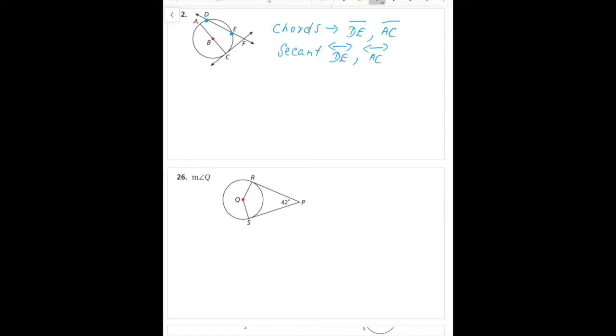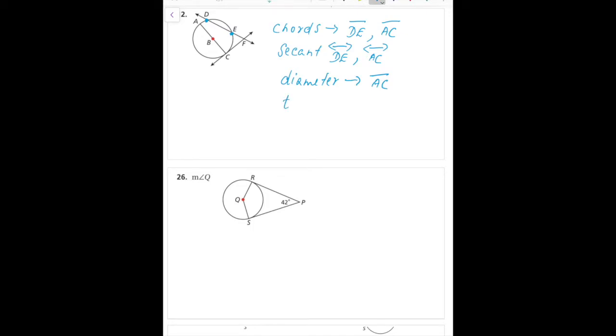If I extend AC, it is going to be a secant. And what is the diameter? Diameter is going to be segment AC. It's a segment, it's not a line, segment AC.